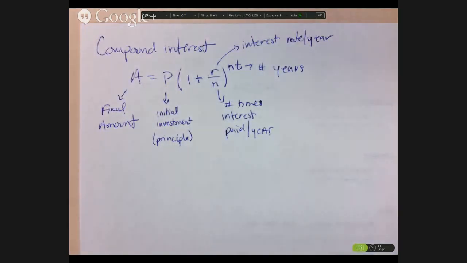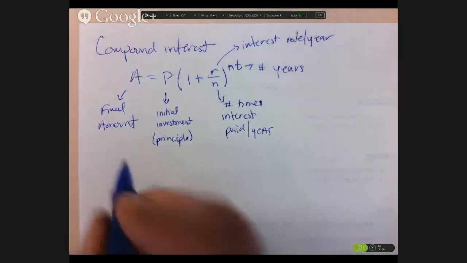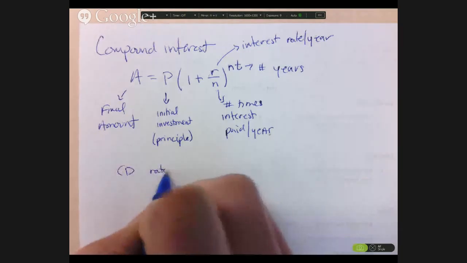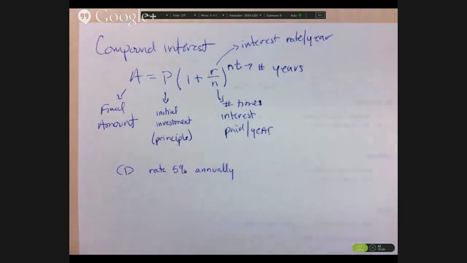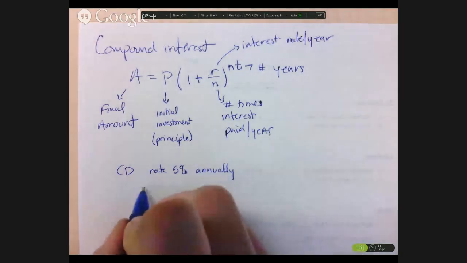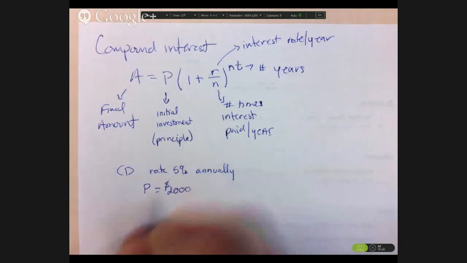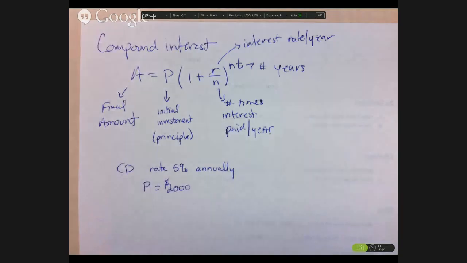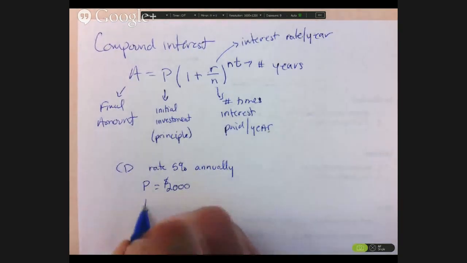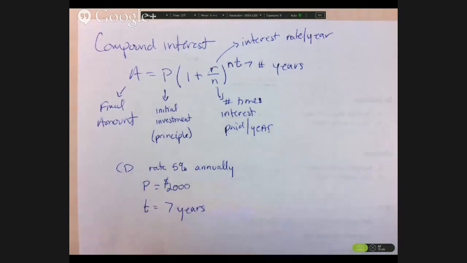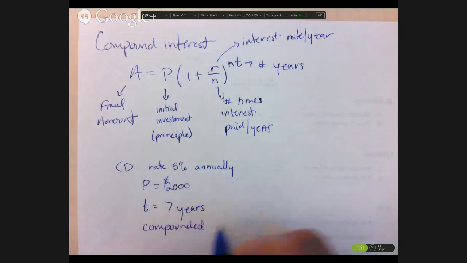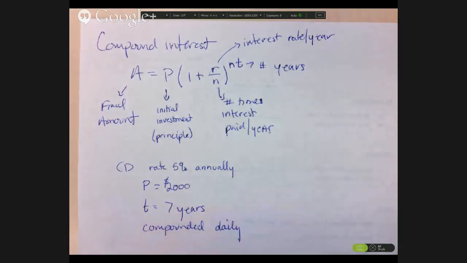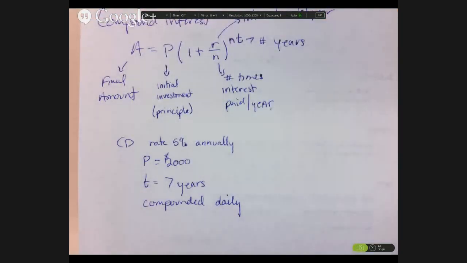Okay. So if we have a CD with an annual interest rate of 5%, with an initial investment of $2,000, with a 7-year time period, and we're going to say the interest is compounded daily.